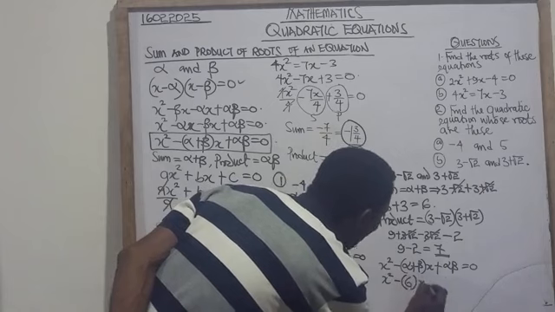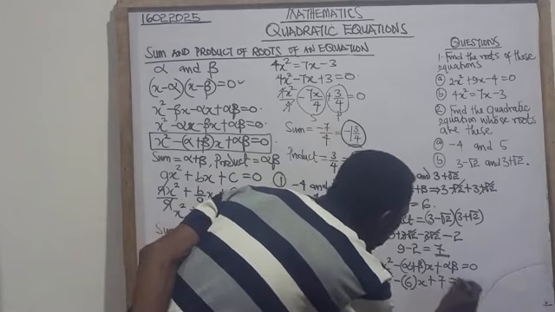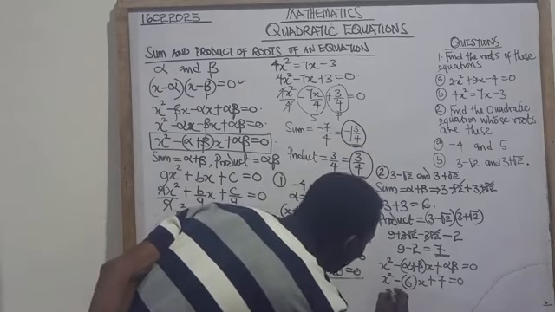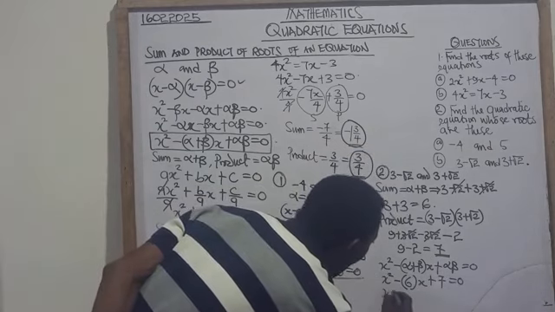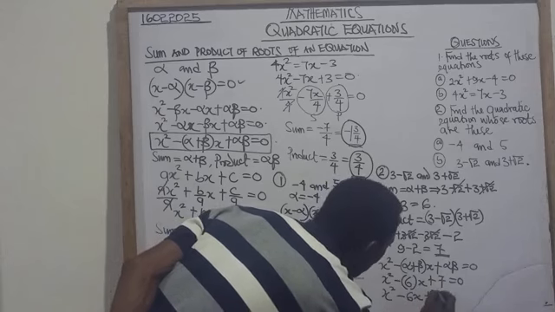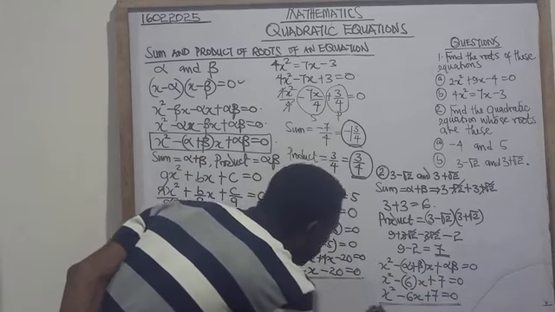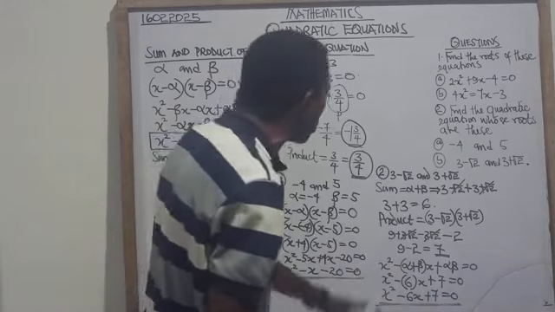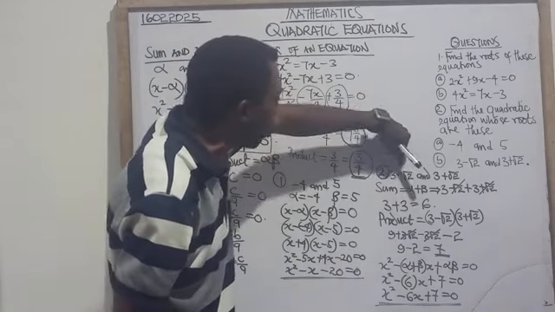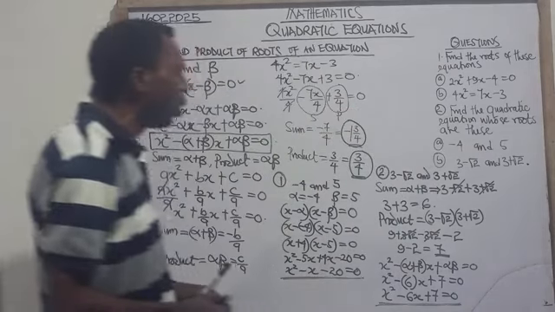That's 6, with x plus, what is this? Plus 7 equals 0. So the final answer will now be x squared minus 6x plus 7 equals 0. So this is the equation that gave us the roots 3 minus root 2 and 3 plus root 2. Thank you. God bless you.